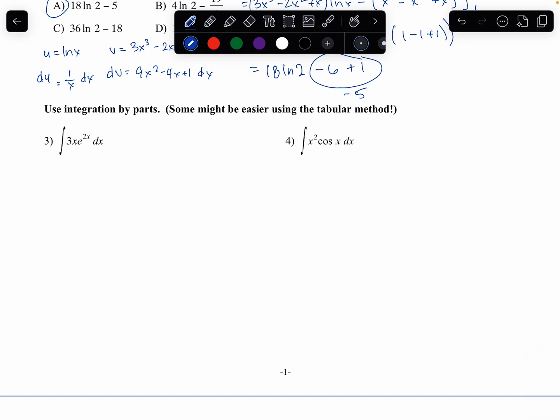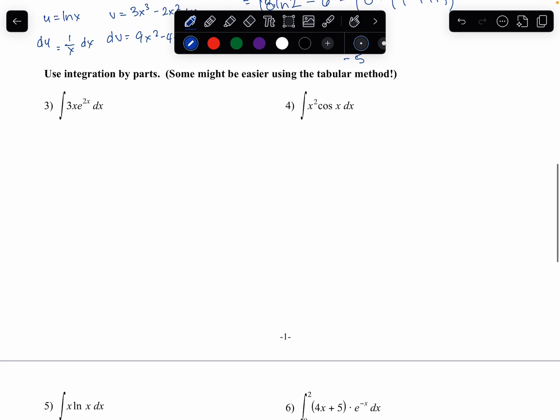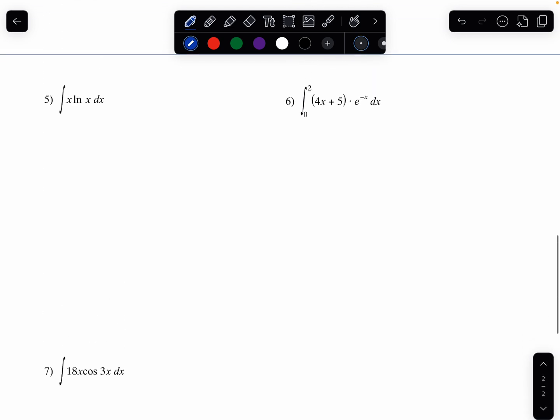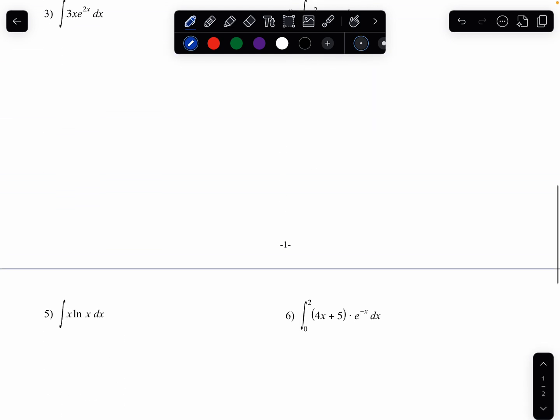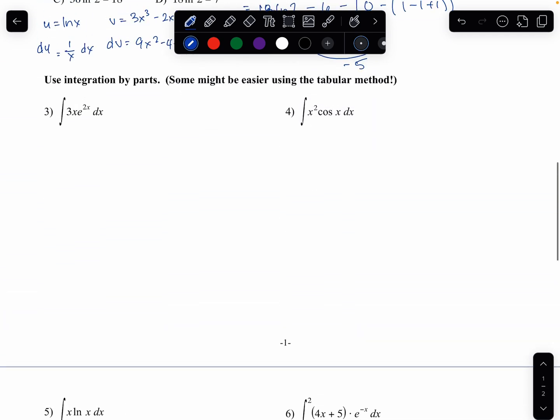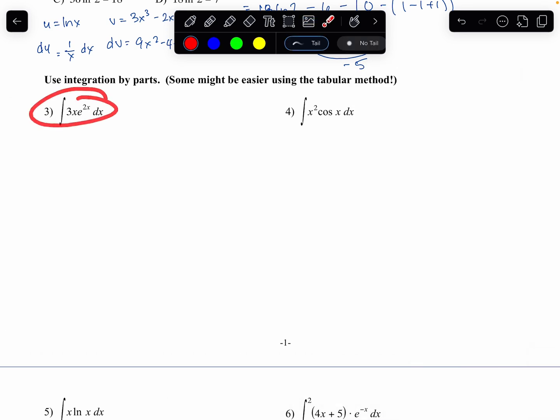for these right here, using integration by parts, some might be easier using tabular method. I think a lot of these will be easier using tabular method. So like 3 and 4, definitely easier using tabular method because we have algebraic expression, trig, and e to the x.